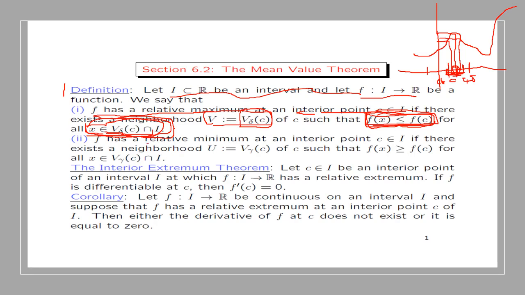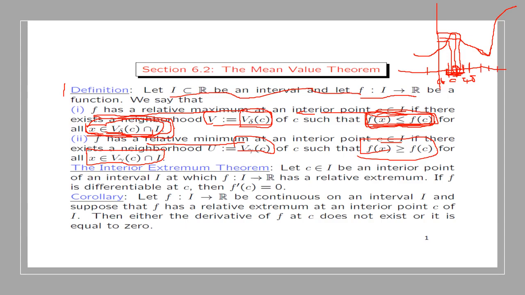Now we say that f has a relative minimum at an interior point C of I if there is a neighborhood, call it V gamma of C, such that f of x is bigger than or equal to f of C for all x in the intersection of the gamma neighborhood of C and I. In terms of this diagram here, if this is your C, then you can get a neighborhood here, for example.